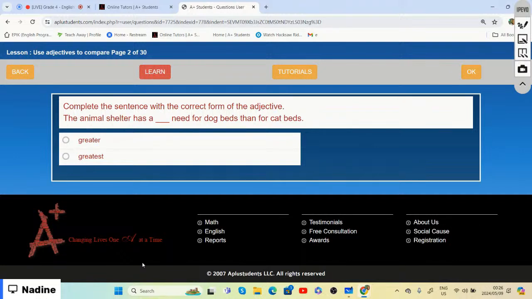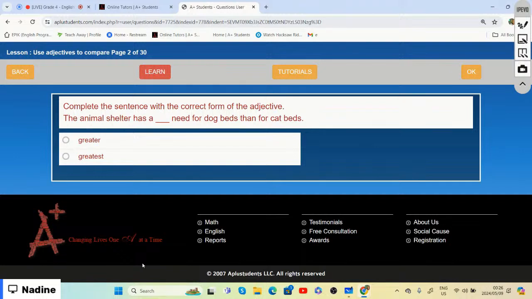All right. So over here, they're saying that the animal shelter has a greater need for dog beds than cat beds, which means that we are comparing the amount of dog beds to cat beds.